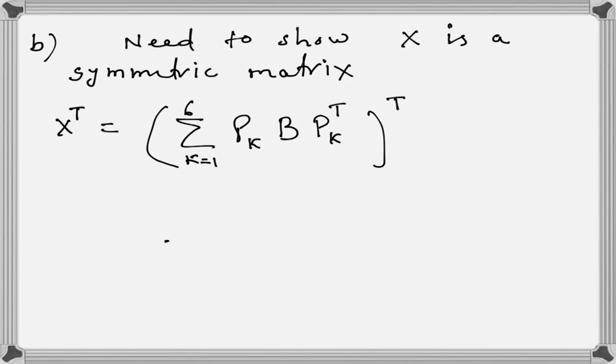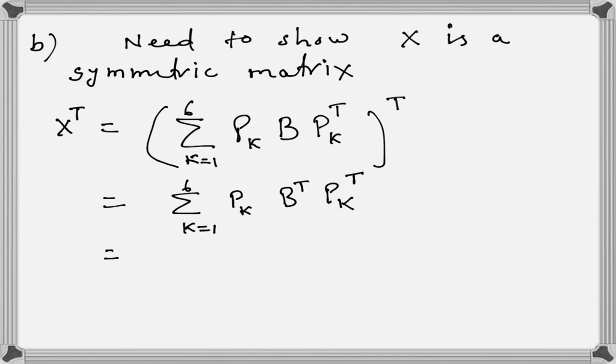So what is this? This is nothing but the sum over K equals 1 to 6 of PK B transpose PK transpose.